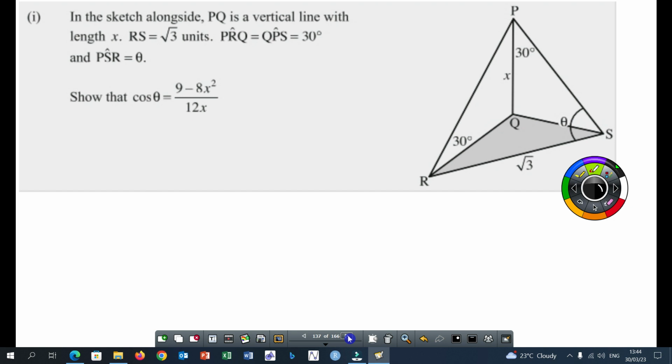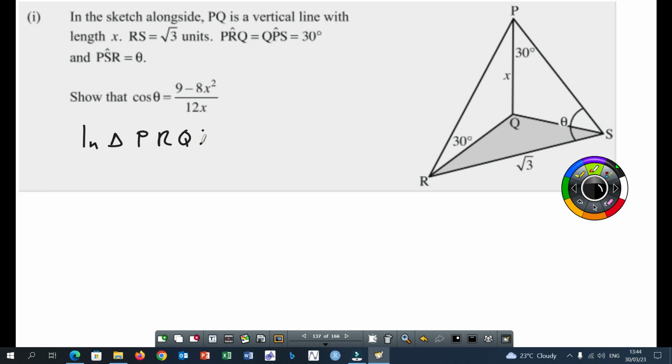Okay? So first thing I'm going to say, in triangle PRQ, I need to get the length of PR, because if I'm going to use the cosine rule, I need the length of PR, I also need the length of what? PS.